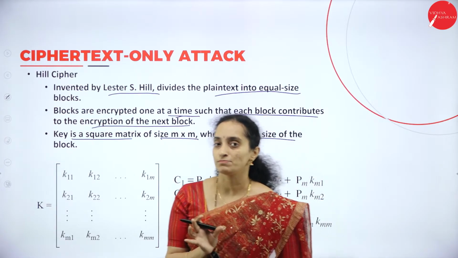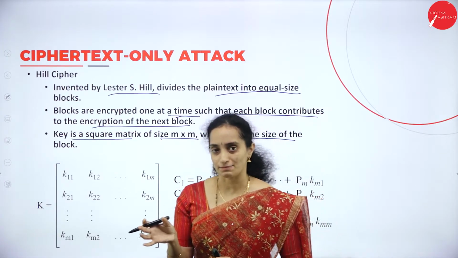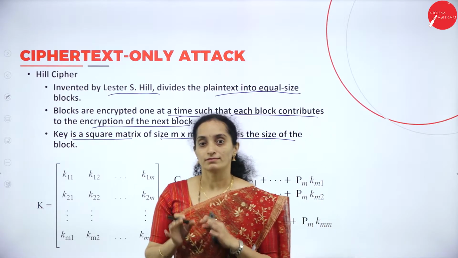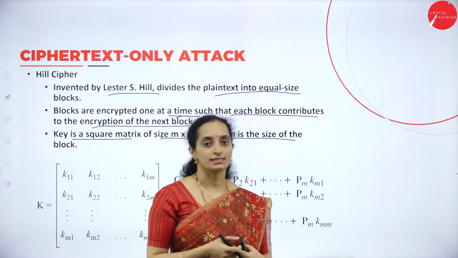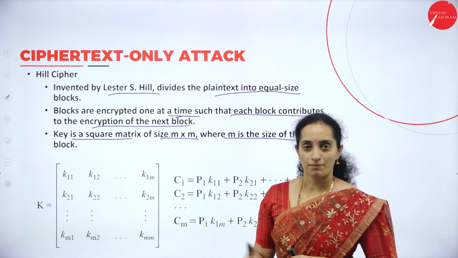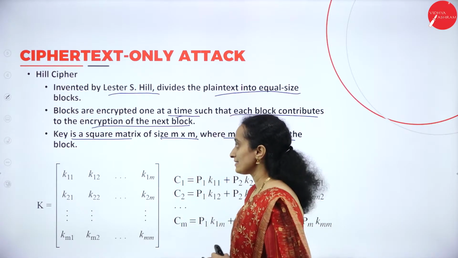If you have a short message, you can have fewer blocks and a smaller key matrix like 2 cross 3. If you have a long message, a paragraph message, then in such a case you can have a matrix with more rows and columns.